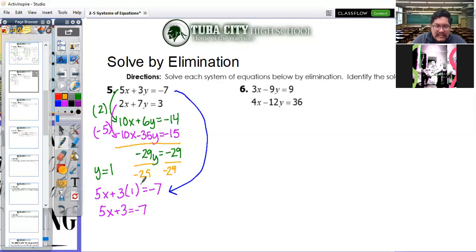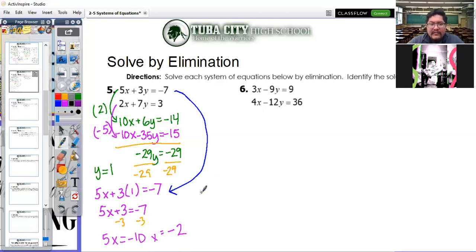I'm going to have to get this 3 out of here, so minus 3 from both sides. 5x equals negative 10. If I ask you what number times 5 could give me negative 10, well, 5 times 2 would be 10, but I also need negative 10, and the only way to get that would be if one of them was a negative. So we might have what we need here. X is equal to negative 2.